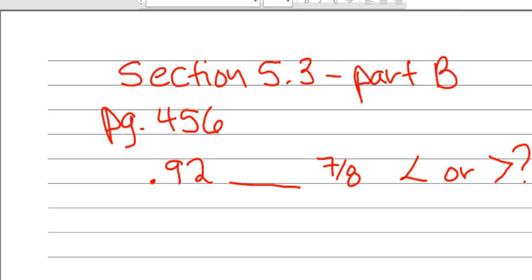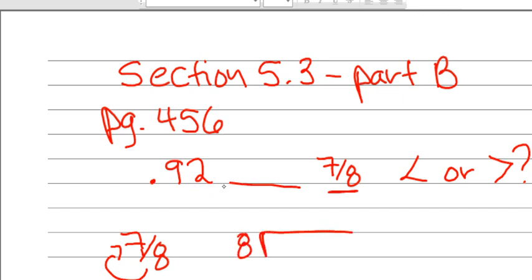So if you have the book, this is number 228. So who's bigger, 0.92 or 7/8? Well, we don't know. You can find out. So again, I'm going to change the fraction over to a decimal.